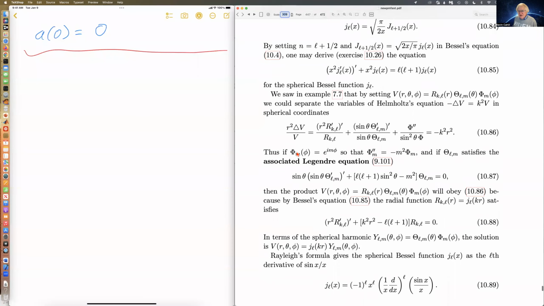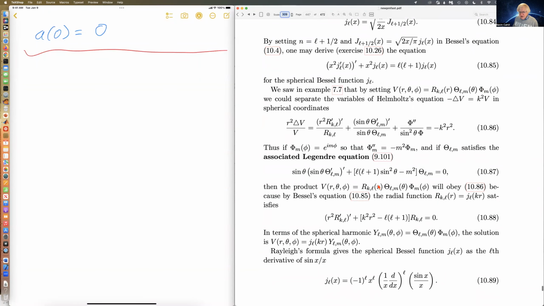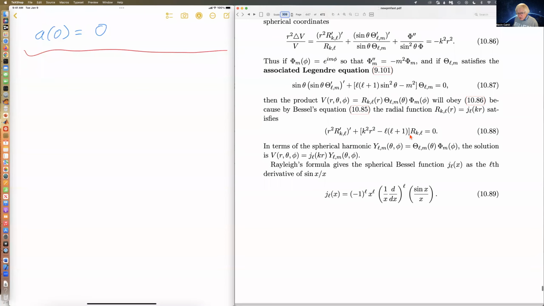We divide by v being r, theta, phi, then we're left with the associated Legendre equation, and the radial equation is this, and the solution of that radial equation is simply the spherical Bessel functions.